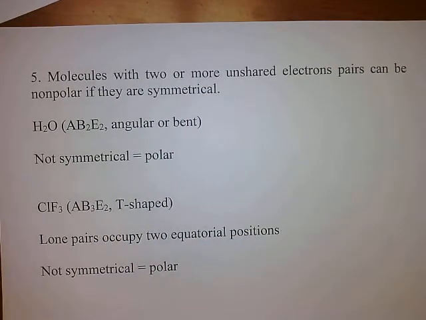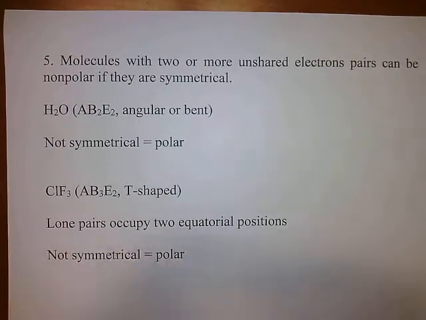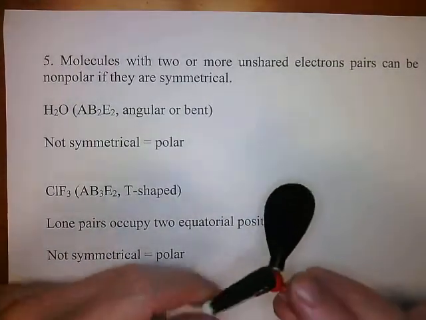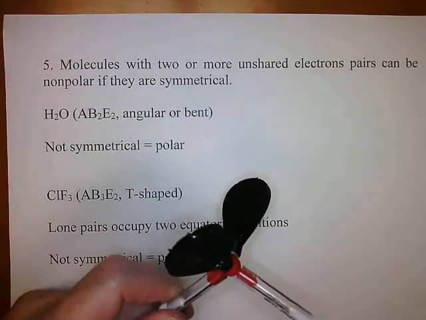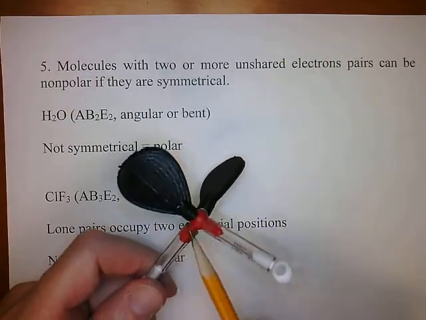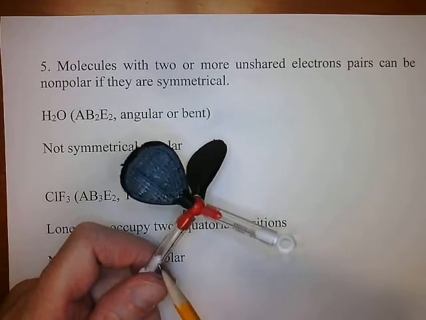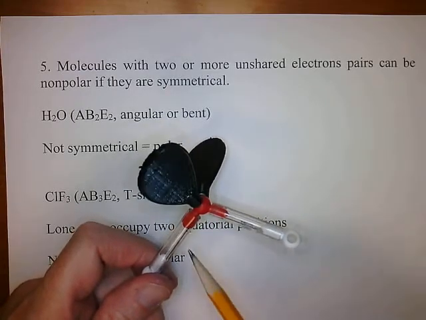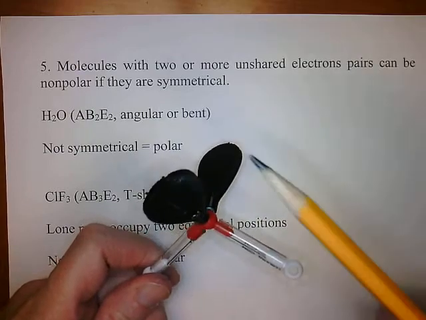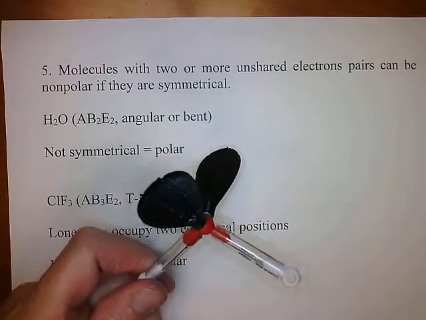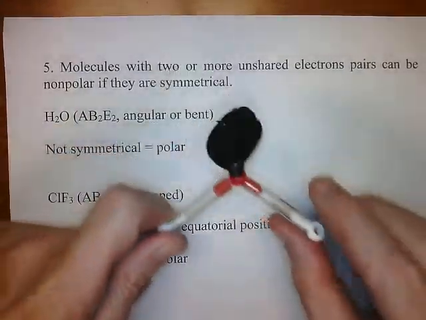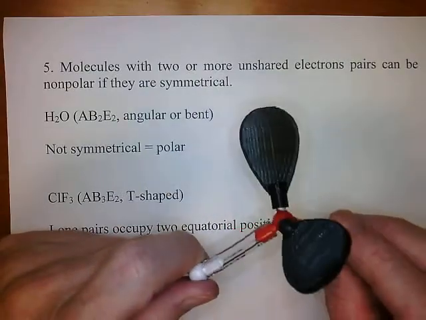So for example, we'll look at water. Okay, so we classified water as being an AB2E2 molecule. Two attached atoms and two lone pairs, right? So here's our oxygen, and we have the two hydrogen atoms, and we have the two unshared electron pairs. Well, those electron pairs are not balanced.